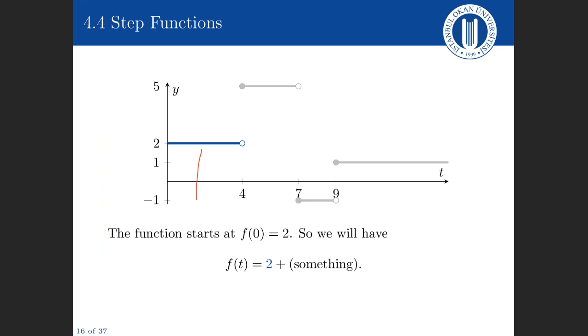First, I want to look at the first piece of the function. The function starts with 2. First part of the function is equal to 2. So we expect our function to be 2 plus something.